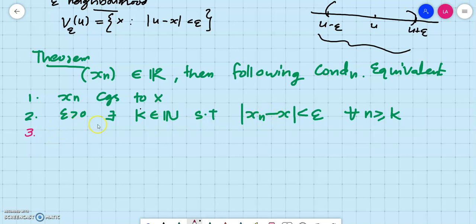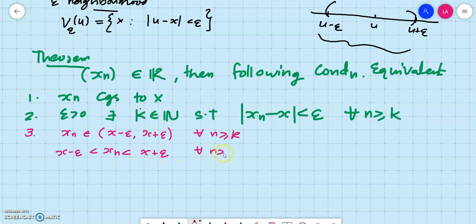If condition 1 or condition 2 holds, then we can say that xn belongs to the interval (x minus epsilon, x plus epsilon) for all n greater than or equal to k, or x minus epsilon is less than xn less than x plus epsilon for all n greater than or equal to k, for a given epsilon greater than 0.